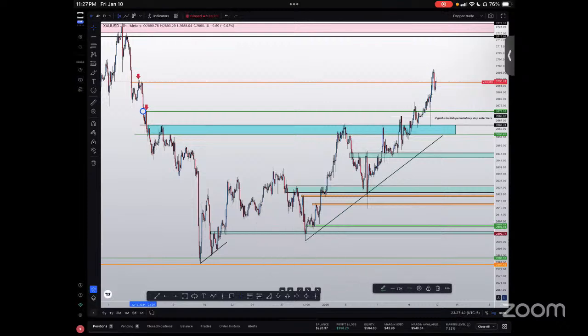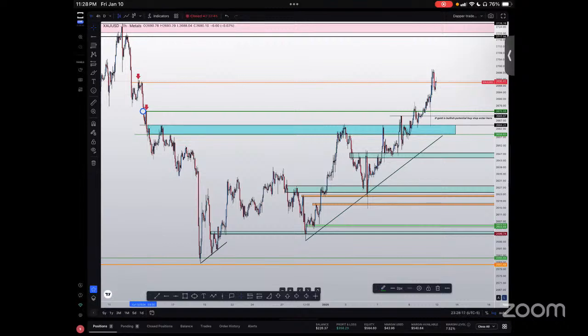So can you see a difference in my charting? Yes, it's not as detailed as the other one. The only thing I have to do is mark off my highs and lows, and then I can show you where the pullbacks happen and where the retests happen.